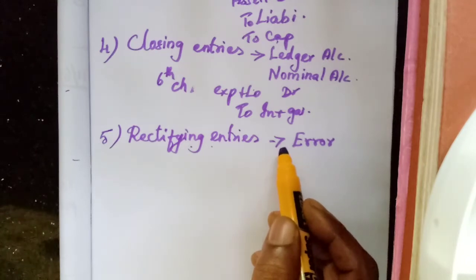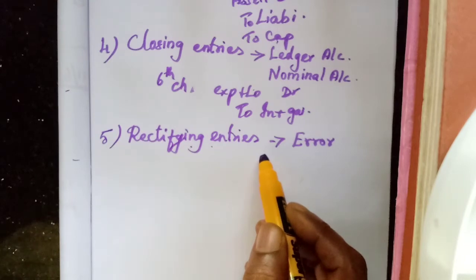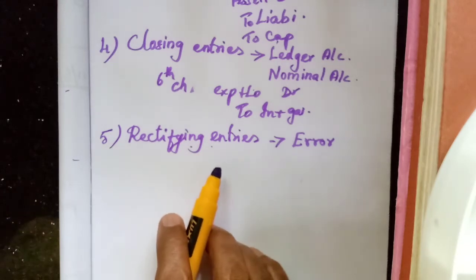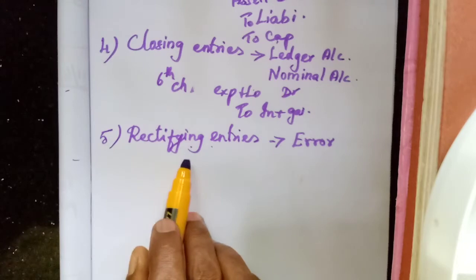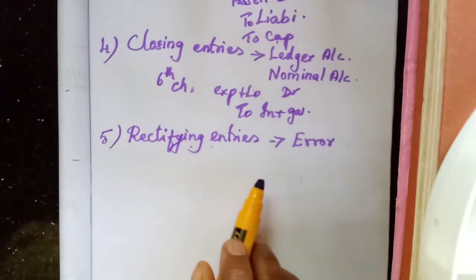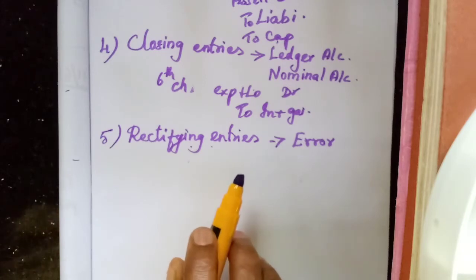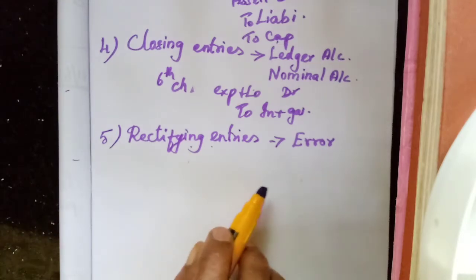Okay, if there is a mistake made in the trial balance, or at the time of posting, instead of posting 500 rupees, we have posted 5,000, no problem, but there they will write a rectifying entry. We wrote 5,000 instead of 500, so 4,500 excess we have written. So what we should do, we should reduce that 4,500 from that account.